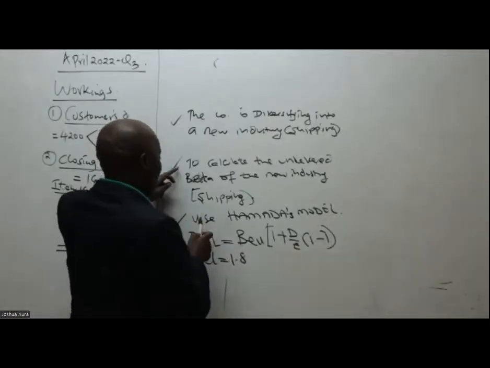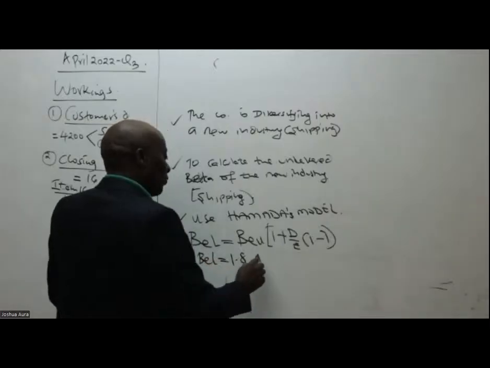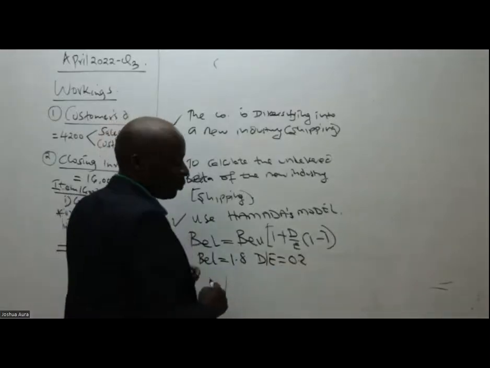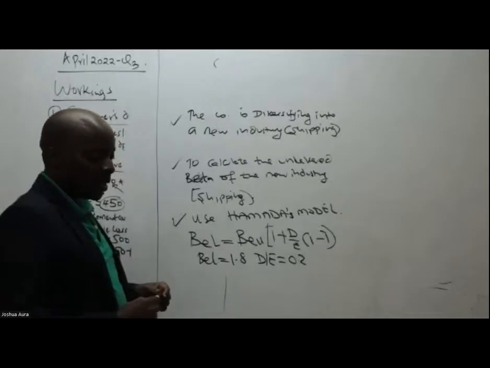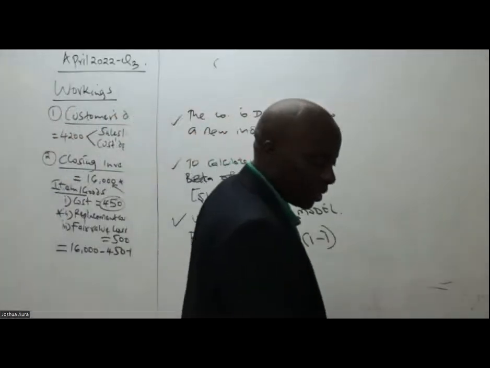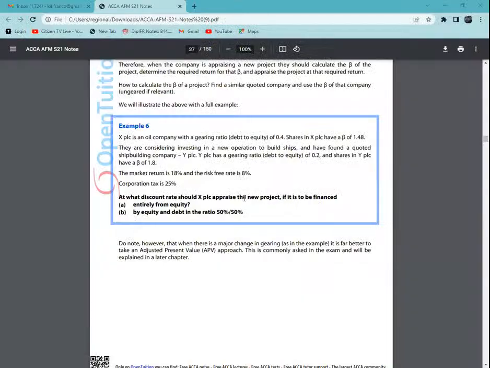We're talking of the new industry, 1.8. And fortunately for this new industry, they have given us the debt to equity ratio as 0.2. I'm not guessing here. They have told us the debt to equity of this is 0.2.